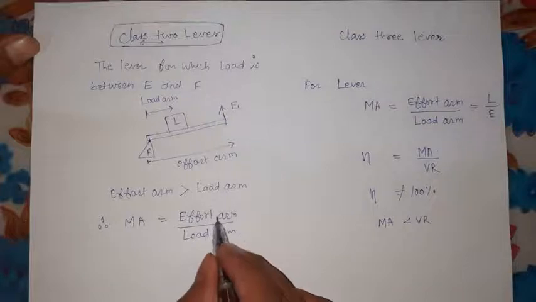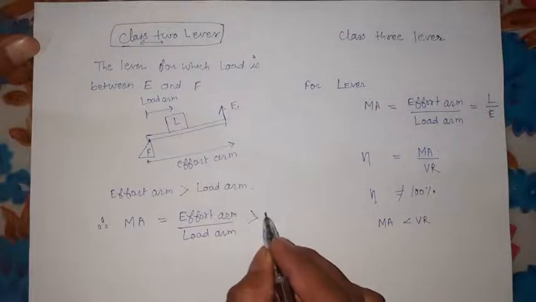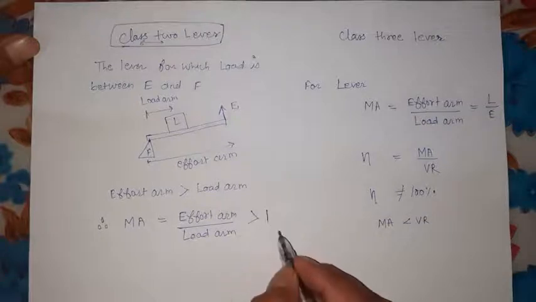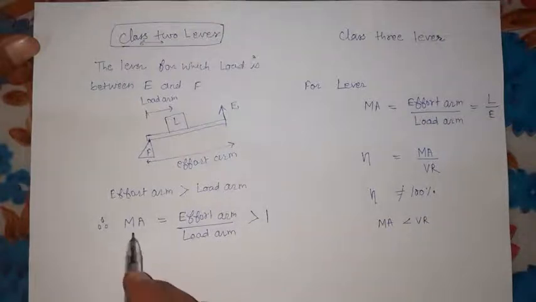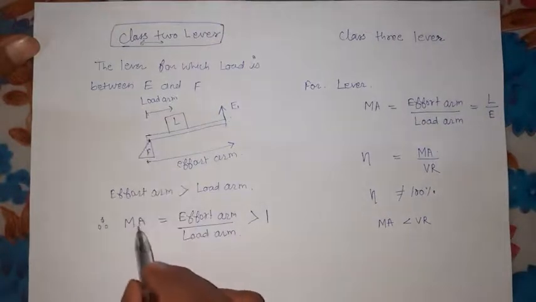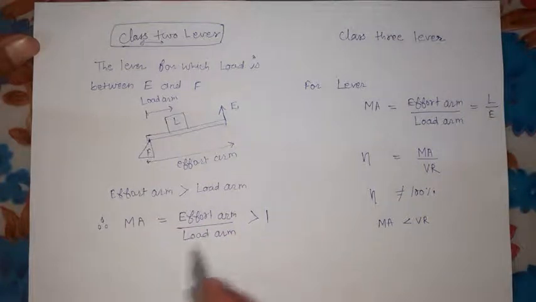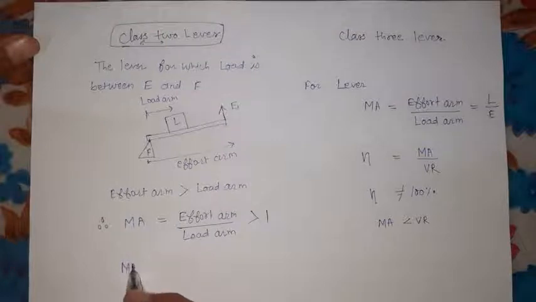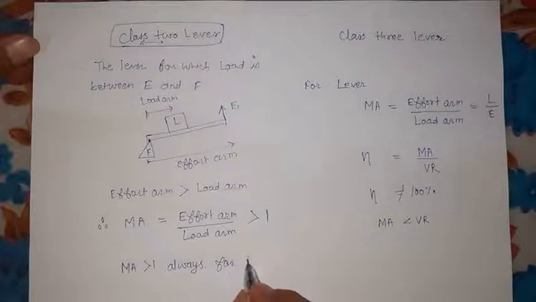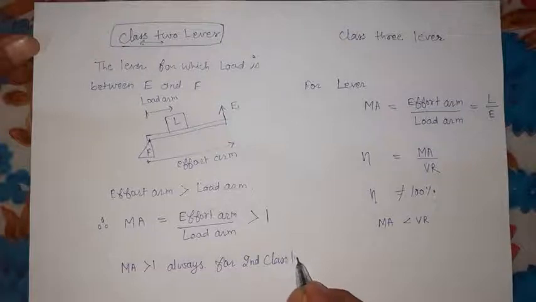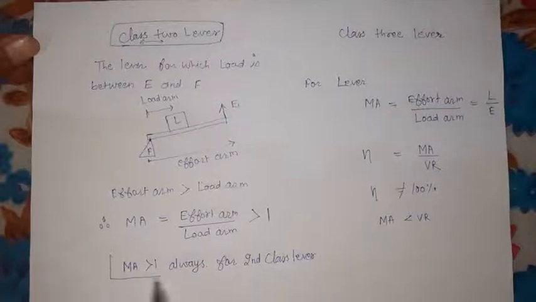The numerator, the effort arm, is greater than the denominator, so this will be greater than 1. So remember that mechanical advantage is always greater than 1 for second class lever. For this we have determined the mechanical advantage.